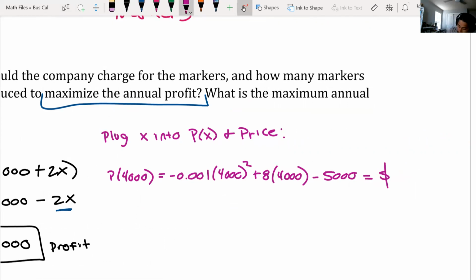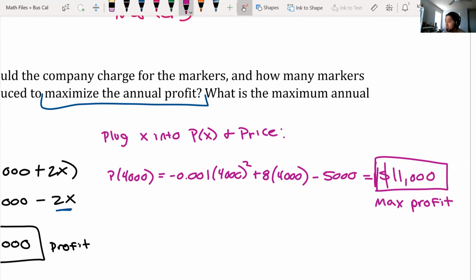Okay. So let's see, negative 0.001 times 4,000 squared plus 8 times 4,000 minus 5,000. We get $11,000. And this is the maximum yearly profit. That's take-home money. So that's after all costs have been taken away, you get to share $11,000 with everybody.